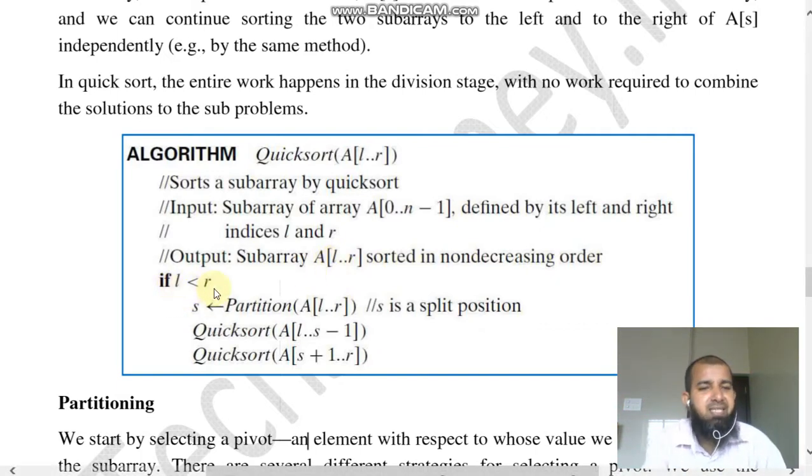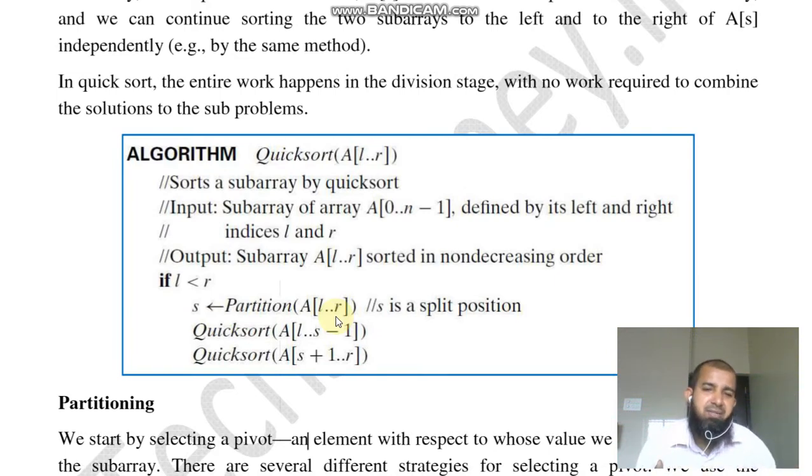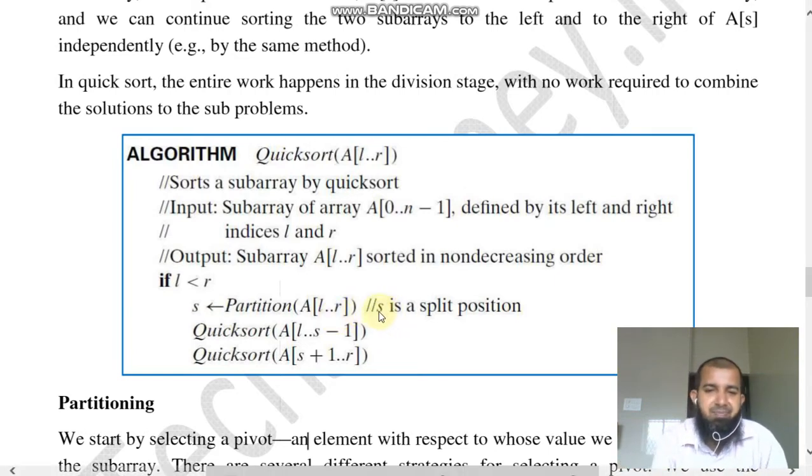If L is less than R, if the left position is less than the right position, then partition S equals partition of A L to R. S is a split position, which splits in such a way that all the values less than S are on the left side, and all the values more than S are on the right side. So in such a way it splits.